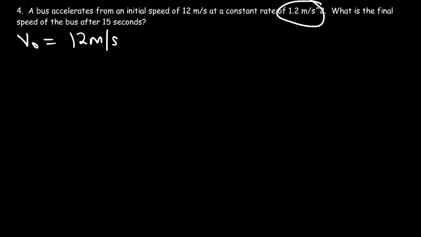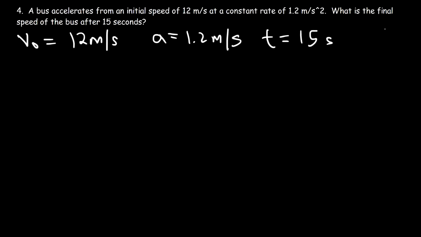And looking at the units meters per second squared, we can see that that value represents the acceleration. And if you see the unit seconds, you know that represents time. Our goal is to find the final speed of the bus. So we need to calculate VF.